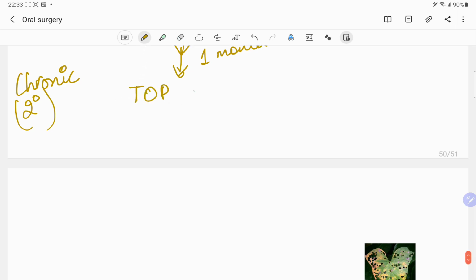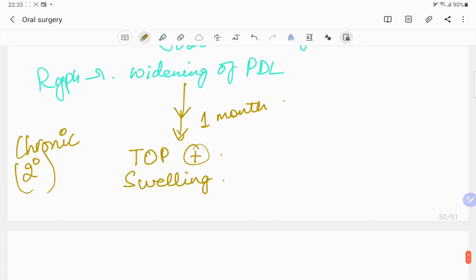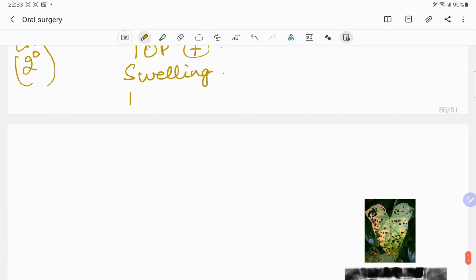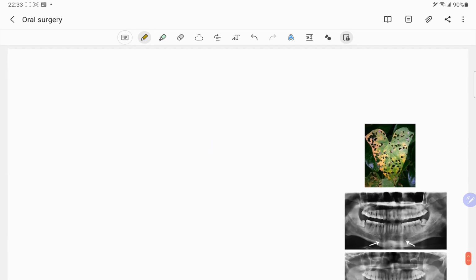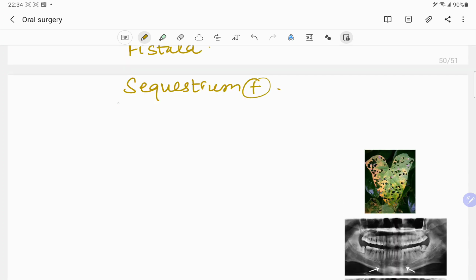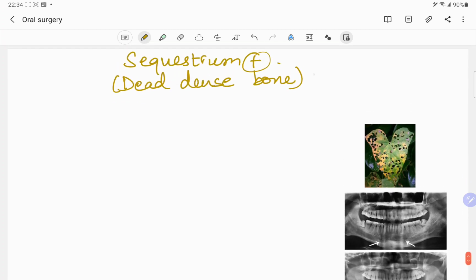Also we see there is swelling, fistulas, and sequestrum. And sequestrum is dead dense bone, always remember. Since it is dense bone, it will appear as radio opaque, white, that means white.